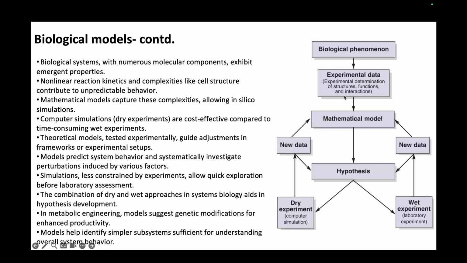For example, you have a disease caused by a deficiency in a particular protein or a genetic defect inside the cell, but you want to find out if there are other factors affecting that phenotype or disease. You take that experimental data, in most cases omics data, and try to analyze it and find patterns inside it.